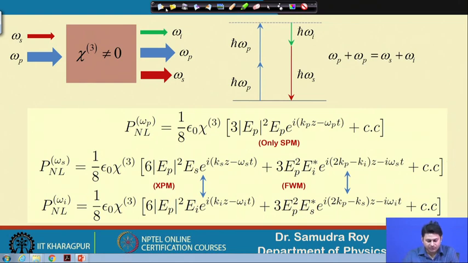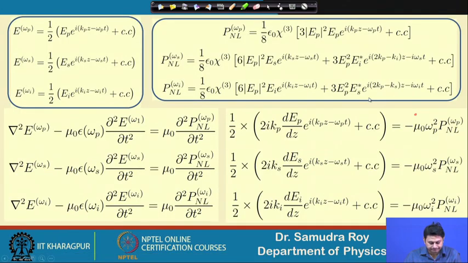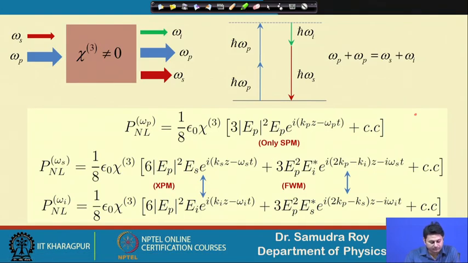So, here I should stop my class because so far we are deriving the equation for signal amplification. So, for signal amplification we derive the source term.